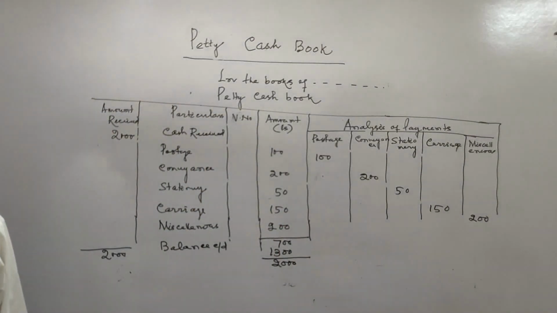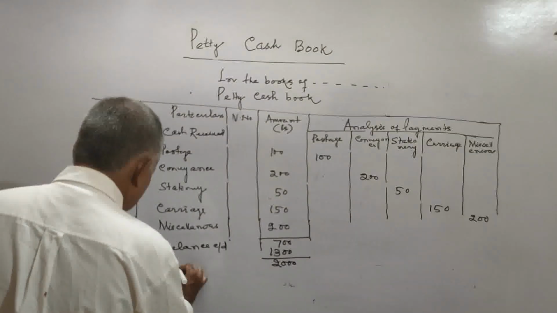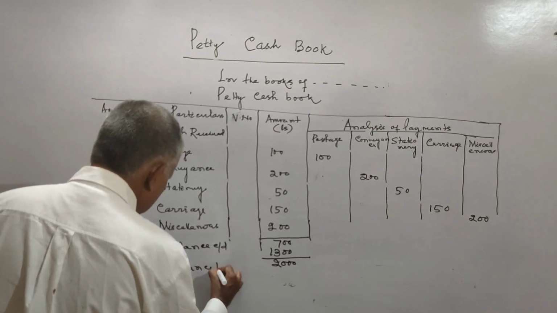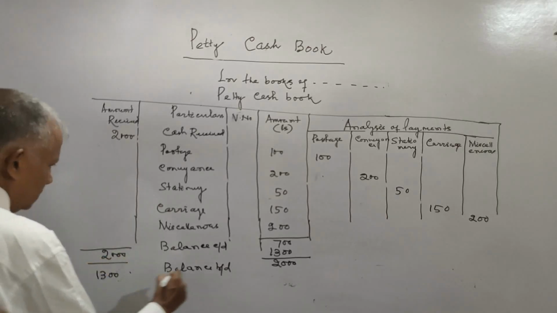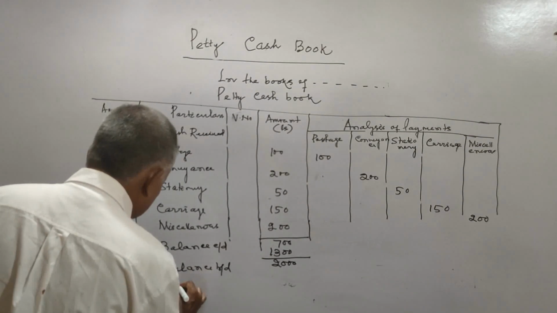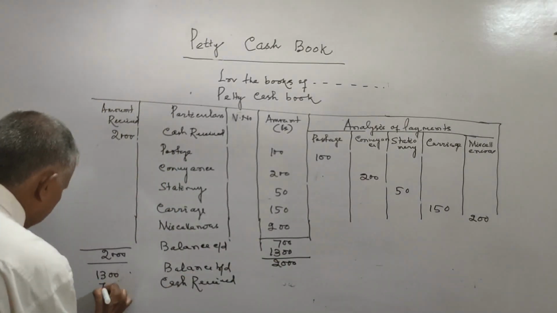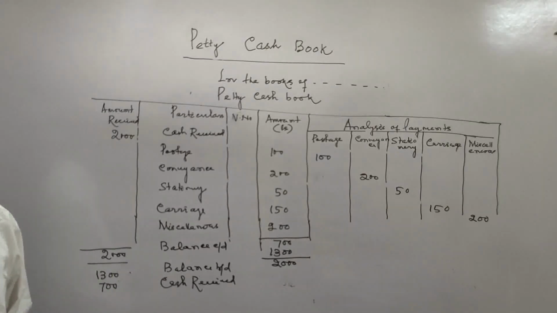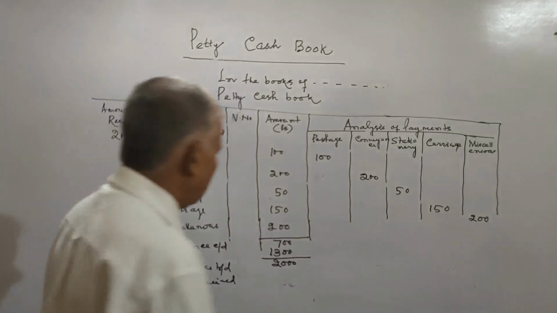Now the expenditure is rupees 700 and balance brought down will be 1300 and cash received will be the expenditure amount 700. So the total amount will again be 2000. This is what is called imprest system of cash book.